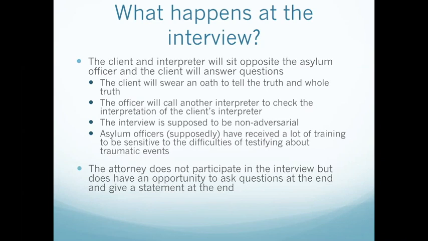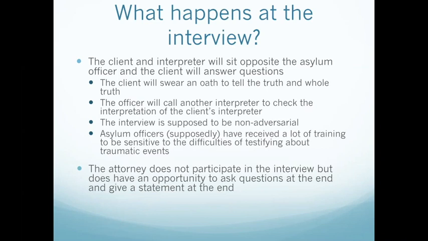Most of the time, the officer will call another interpreter to check the interpretation to make sure they're interpreting correctly. The interview is supposed to be non-adversarial, which means that the asylum officer is supposed to be friendly, not supposed to make it a confrontational situation or start making accusations.